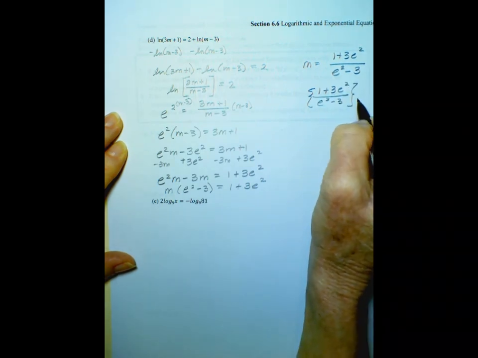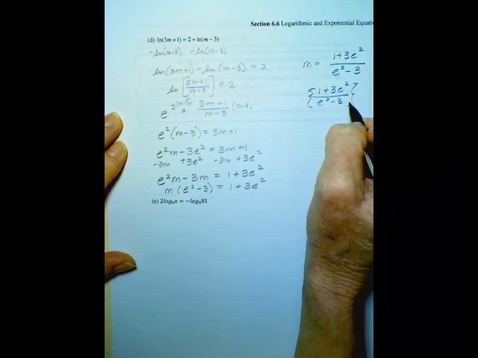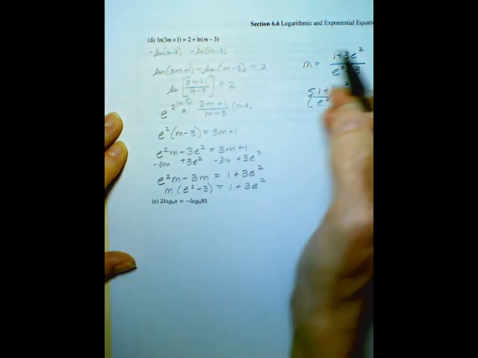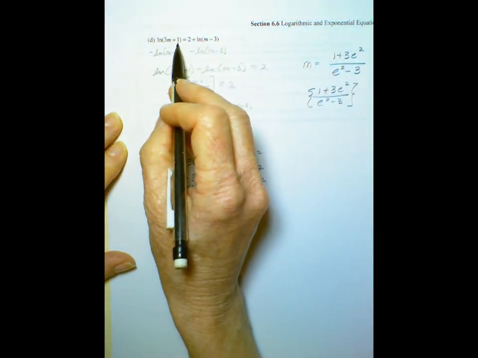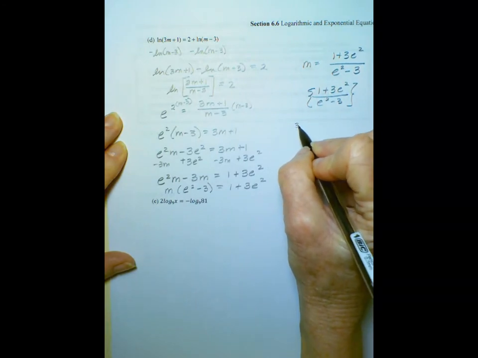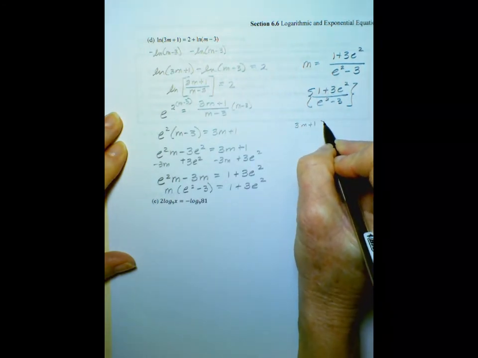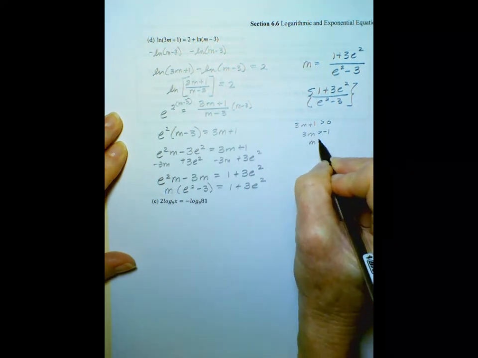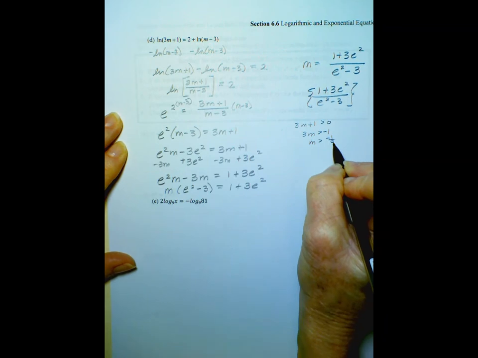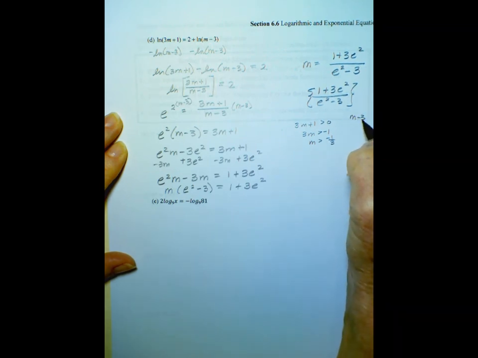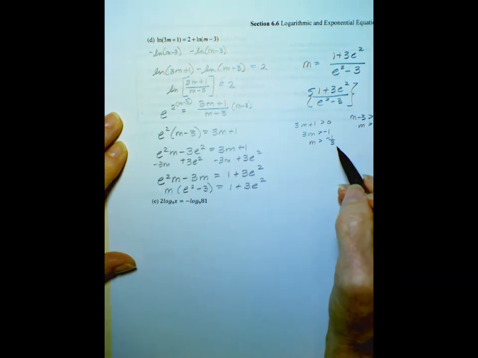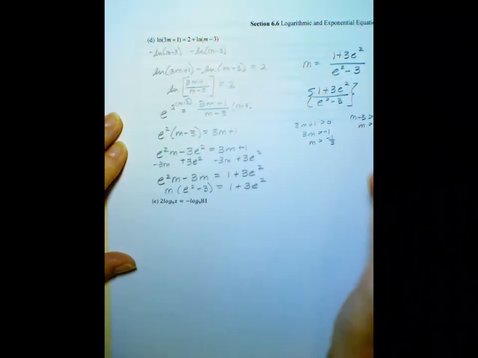Now, I would need to find out what that is in order to know if it's in my domain. But let's look back here. So we know that 3m plus 1 has to be greater than 0. So 3m has to be greater than negative 1, and m has to be greater than negative 1/3. And we know that m minus 3 has to be greater than 0, so m has to be greater than 3. So which one of these controls the whole domain for this?